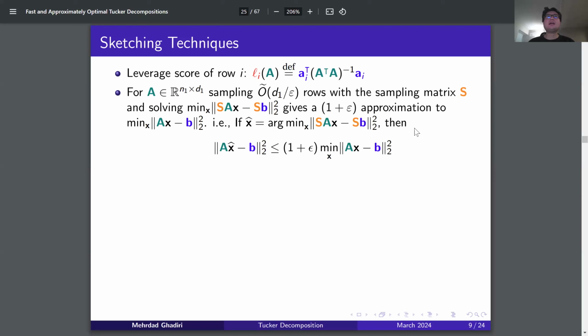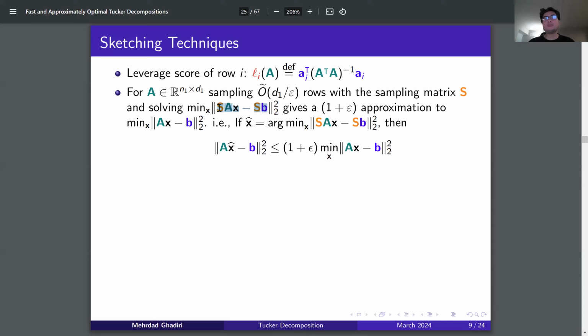And this leverage score sampling has been used to improve the running time of solving linear regression problems. How would you do that? Suppose the leverage scores are given. I'm not going to talk about how you would compute leverage scores in this talk, but suppose they're given. I can sample this many rows of A based on a distribution I define on the leverage scores, then solve this problem, which has fewer rows now.